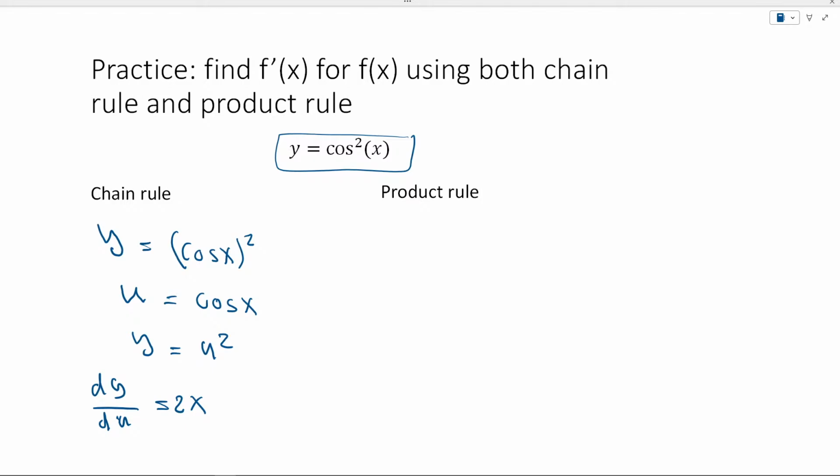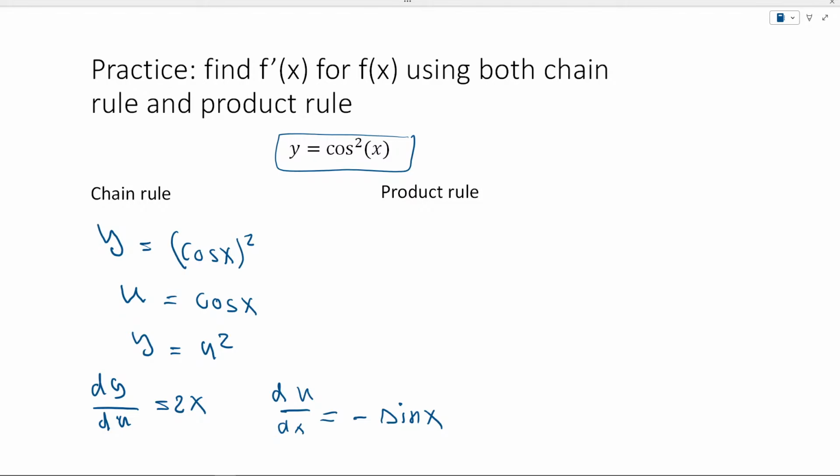Then I need to find du with respect to dx. The derivative of cosine is negative sine x.